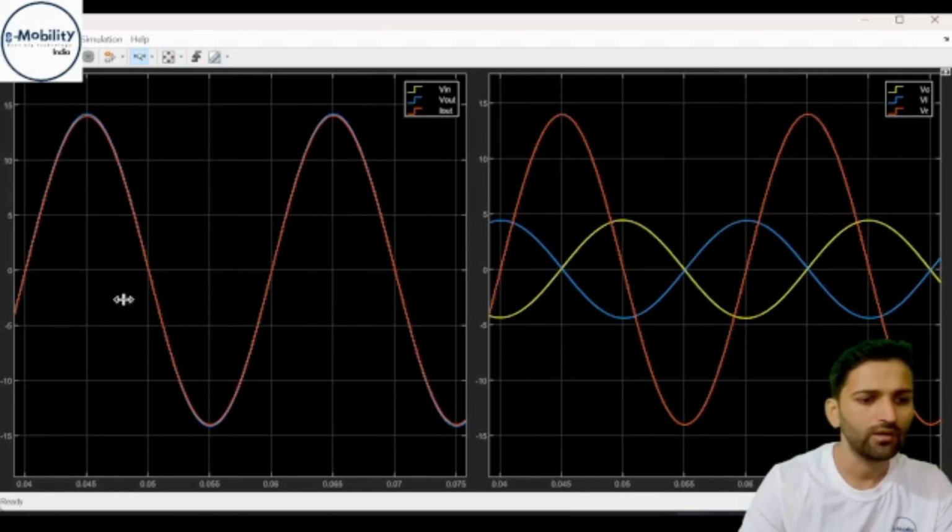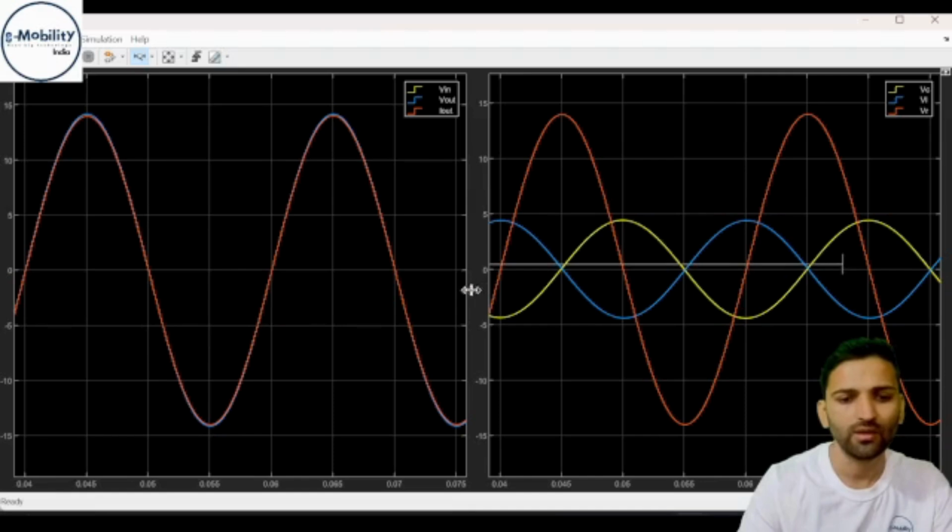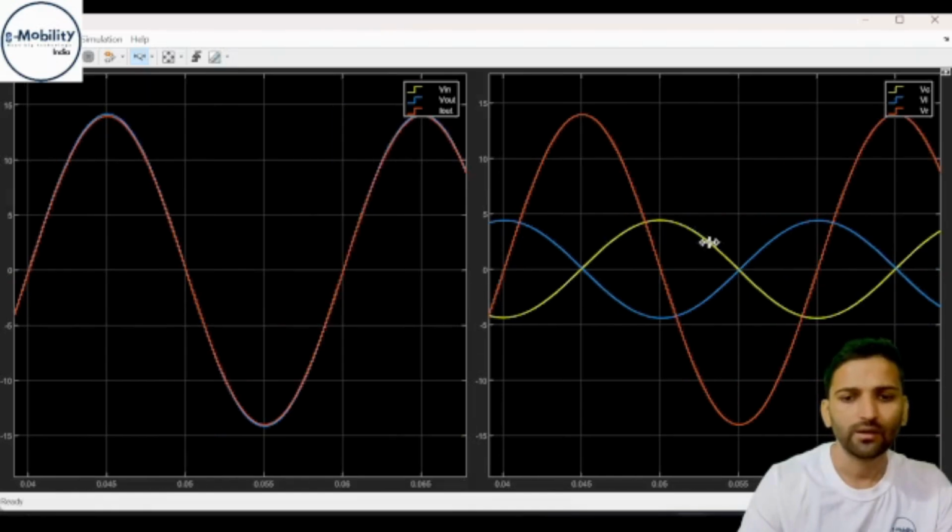You can see that V out is in phase with I out. And here also you can see that the inductive voltage is cancelling out the capacitive voltage with the same magnitude. So ultimately what we are getting is a resistive circuit.